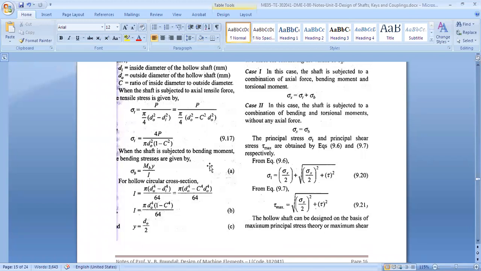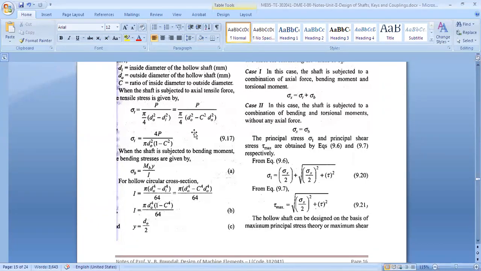Now, see, the normal tensile stress is P upon area, right? P is the load, and the area will be pi by 4 into do square minus di square. The area of the cross section of the shaft is the area for the outside diameter minus the area for the inside diameter, and that will give your sigma t.